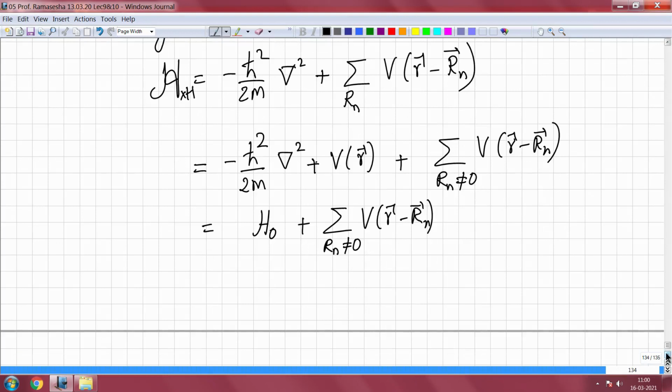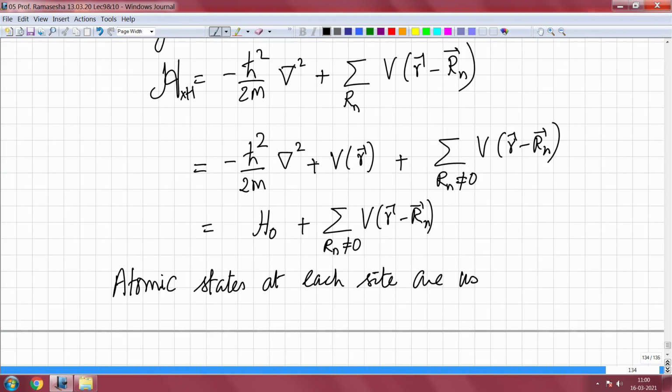The basis states that we use are the atomic states at each site. They are used as basis functions to build the Bloch function.